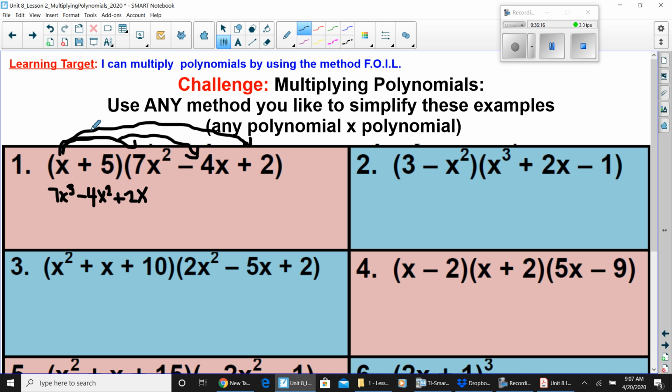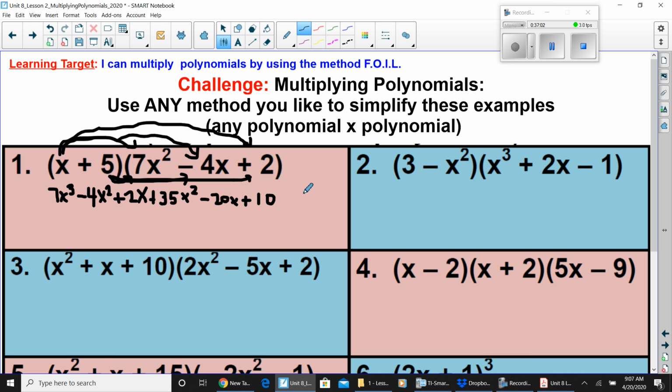Right? So now I finished distributing the x, and now I'm going to move over to the 5 and distribute the 5 to the 7x squared. That is 35x squared. And now this 5 times negative 4x is negative 20x. And 5 times 2, and then you'll be finished with distributing the 5, is 10.